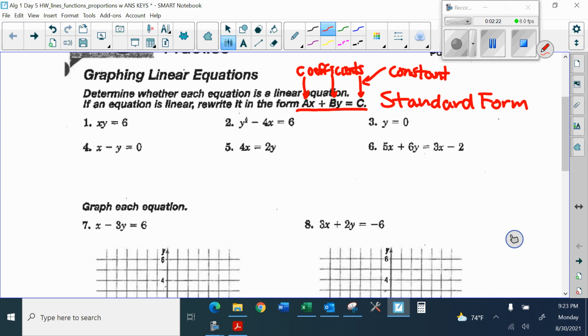Okay, so the A, B, and C, and oftentimes it may be capitalized, it may not be. So A, B, and C are integers. Of course, you should know what integers are, positive and negative whole numbers 0, 1, 2, 3, etc. And the last condition is A must be greater than 0.